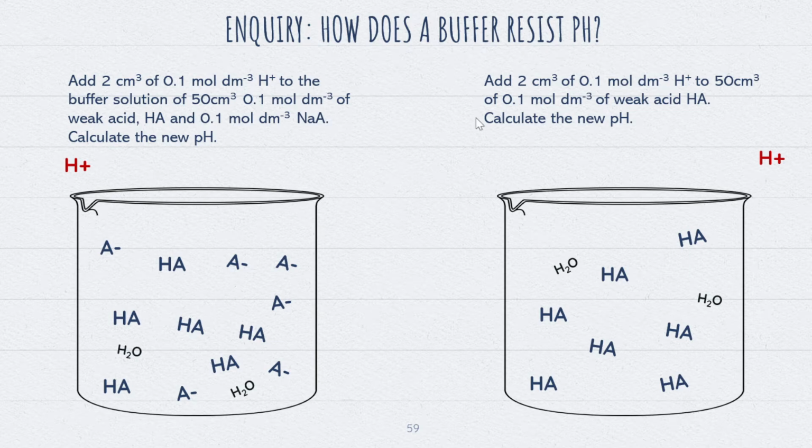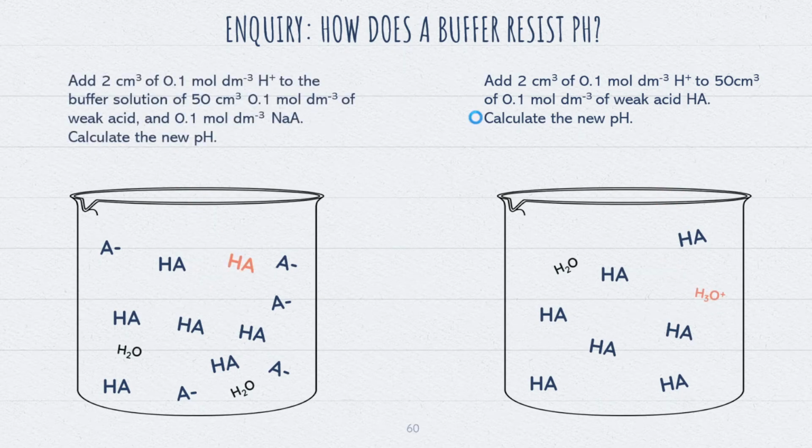So on the left will be our buffer solution, while on the right is our control setup, which is not a buffer solution. Let's see what happens when we add a bit of H plus to each of the beakers. On the left, the diagram should be quite familiar by now. When a little bit of acid is added, the conjugate base, which is a large reservoir of them, the A minus, will react with the H plus to give you your HA, as such eliminating the H plus.